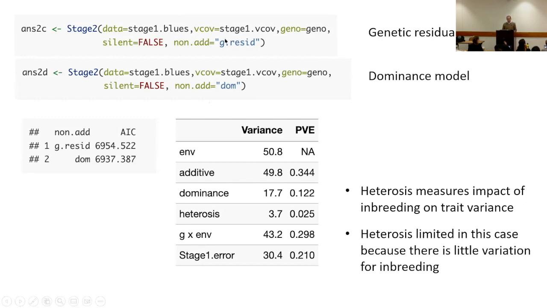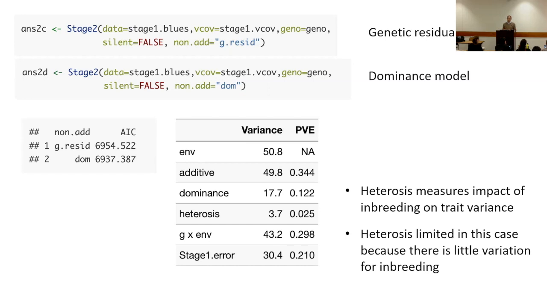So here's the syntax for the stage 2 function, and the argument is called non-add for non-additive effects. The model that I had presented a year ago would be equivalent to this G-resid option. That's what I'm calling a genetic residual, because it assumes that the non-additive effects are IID.